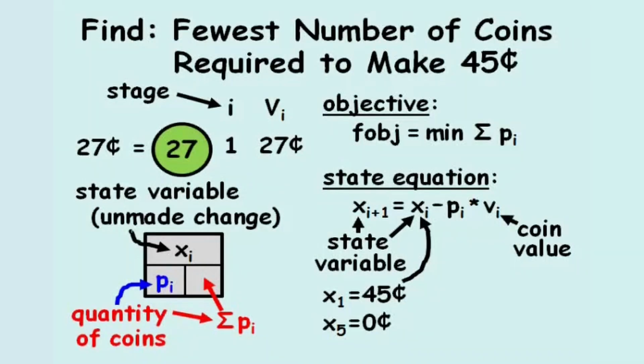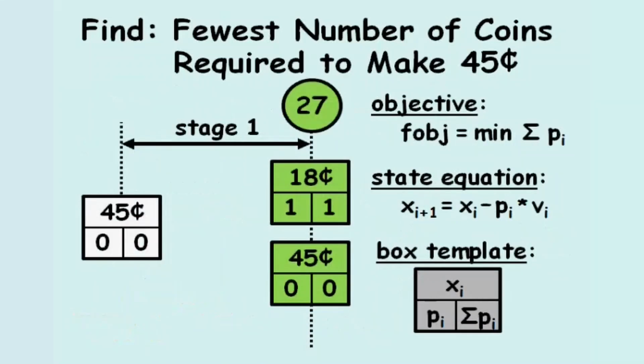Therefore, for stage 1, we'll determine how many 27-cent coins should be used to make the change. If we use 0 27-cent coins, then we'll set variable P1 equal to 0. Then we still have 45 cents of change to make, following stage 1.